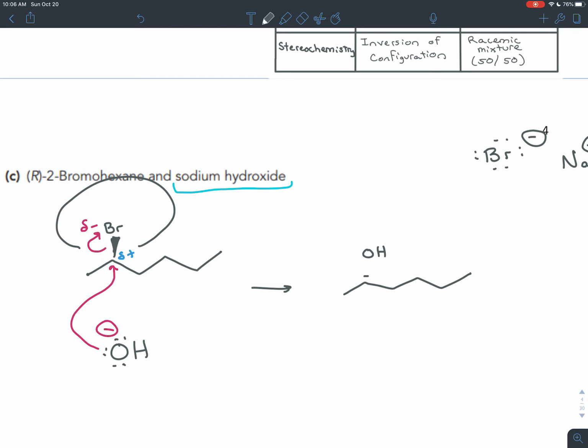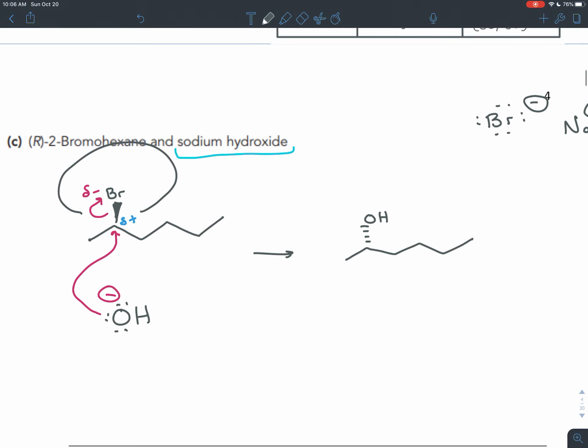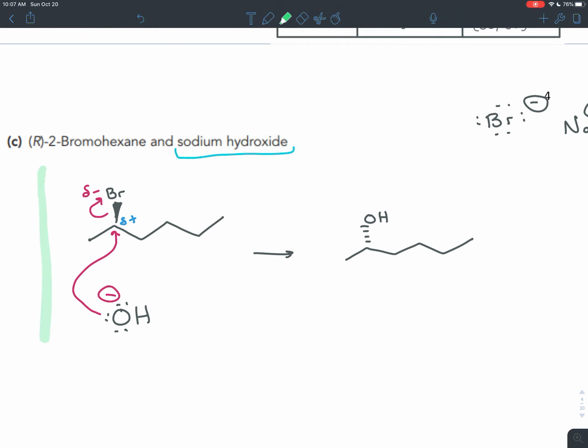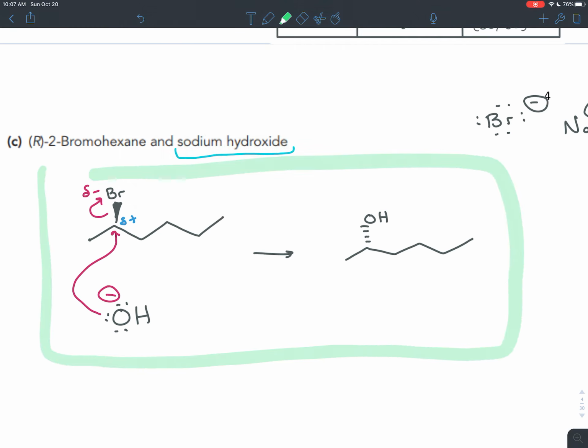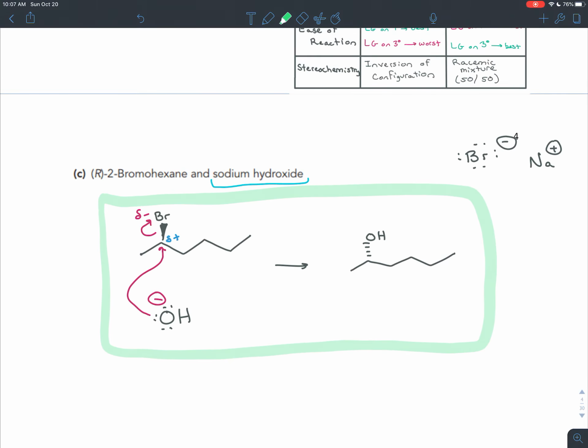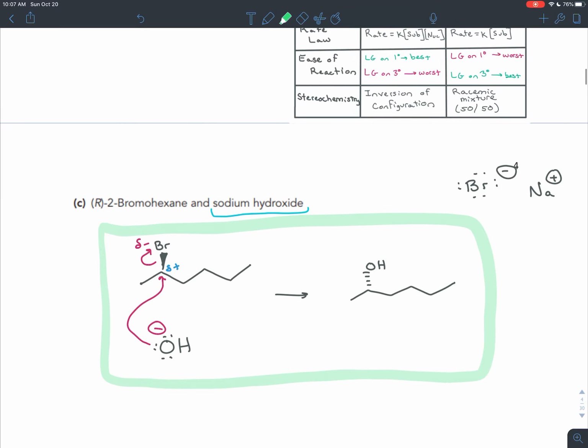So the nucleophile must attack on the opposite side, the side going away from us. So you get inversion of configuration. What starts out as a bond toward us for the leaving group becomes a bond going away from us for the nucleophile. And so this whole thing is going to be the mechanism on the left side and the product on the right side for this SN2 reaction between R-2-bromohexane and sodium hydroxide.